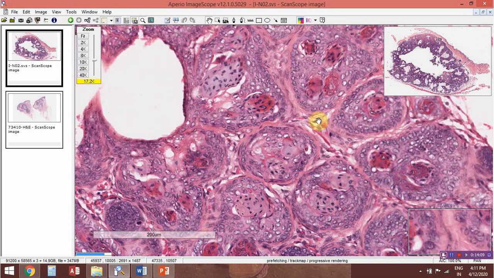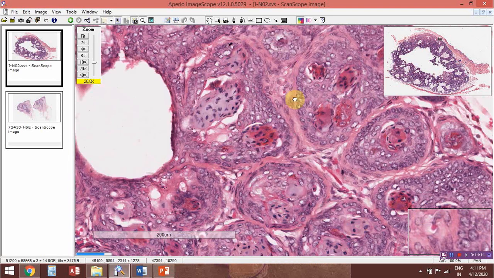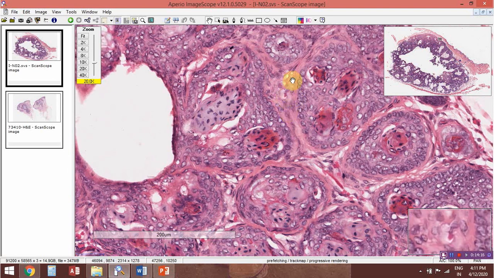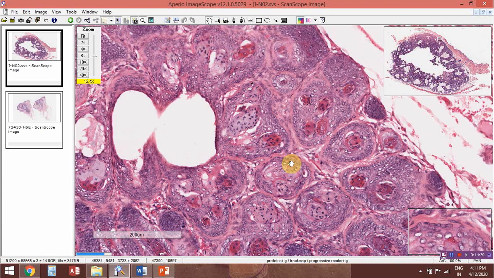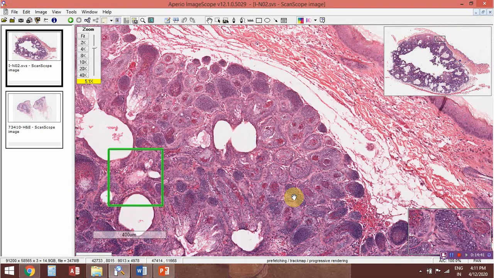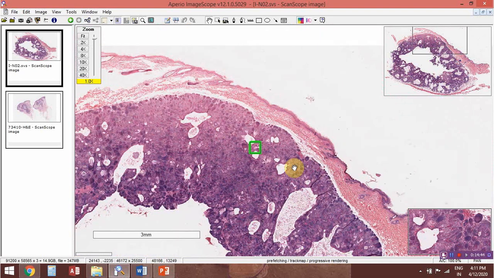You can find very little stroma between these epithelial components. But in fibroadnexal hamartomas, you will find very dense collagenous stroma wrapping around individual epithelial components. Whenever you find very dense collagenous stroma and you also find some fibroplasia, in that case fibroadnexal hamartoma is a better diagnosis rather than trichofolliculoma.